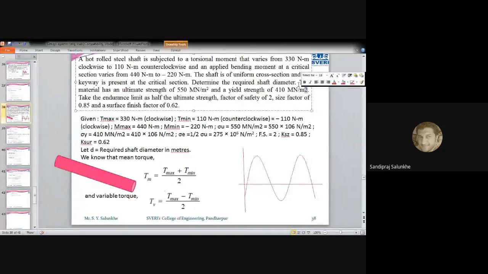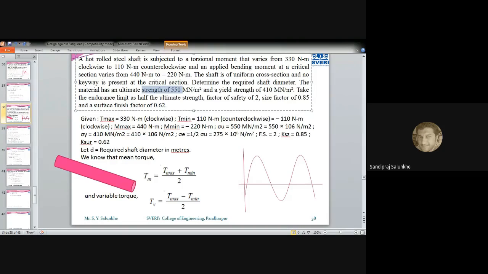And yield strength is 110 meganewton per meter square. Okay. So yield strength is given and ultimate tensile strength is given. Take the endurance limit as half of ultimate tensile strength. That is half of this 550 meganewton per meter square. Factor of safety as 2, size factor as 0.85, and surface finish factor as 0.62.